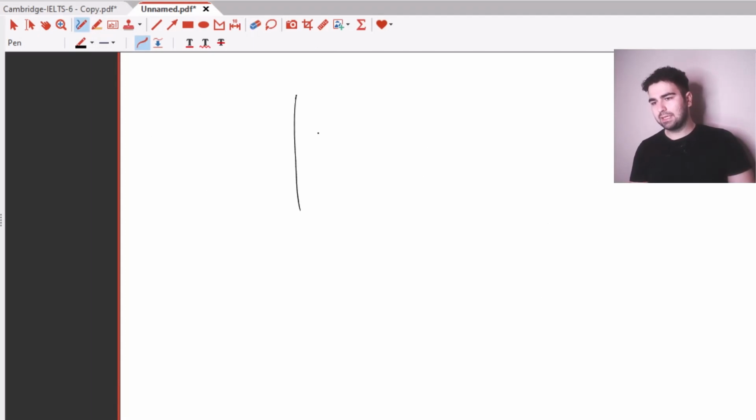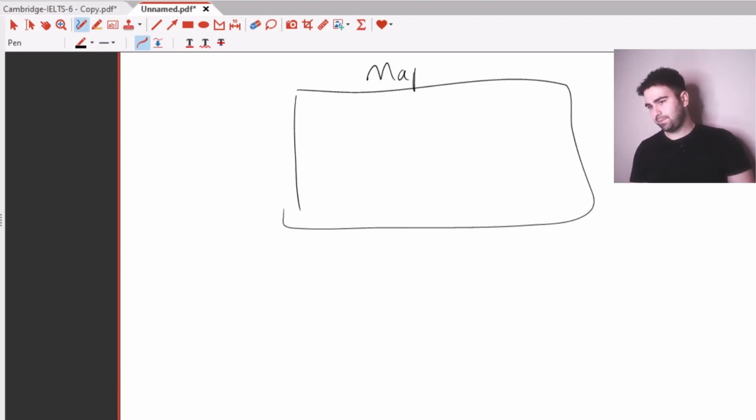Skimming, if this is a map of the IELTS reading, it tells you A is talking about this, B is talking about this, C is talking about this, and D is talking about this. It is acting like a map, but not too comprehensive.